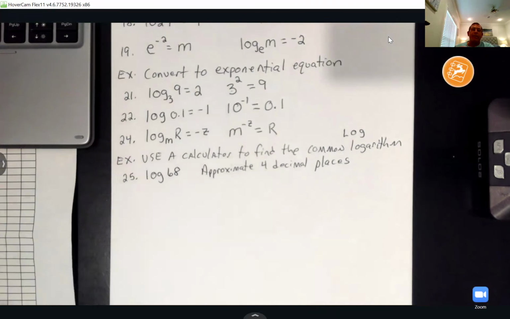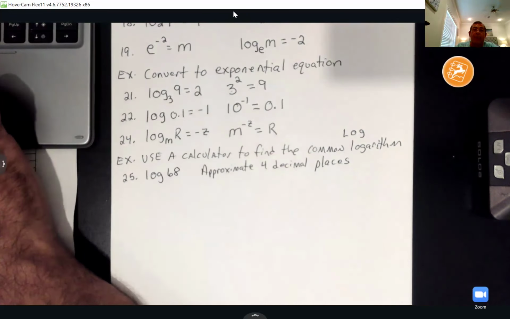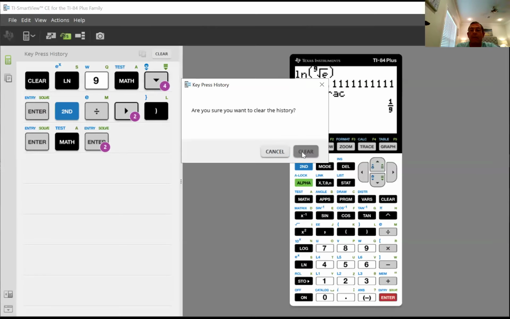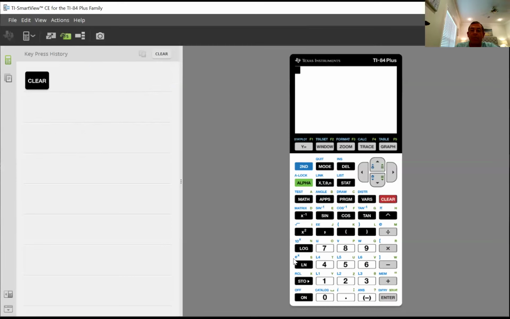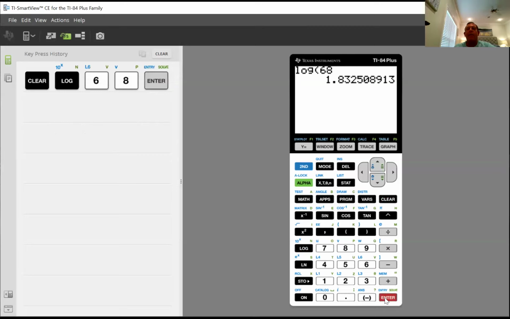So y'all, let's punch in a log of 68 and see what we get. And we're going to round that to 4 decimal places. So the log button's right on the front. Log, what did I say, 68? All right, there's my log of 68. Hit enter. And see, it's in between 1 and 2.